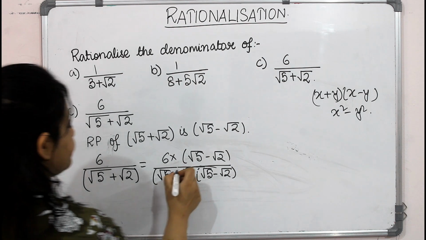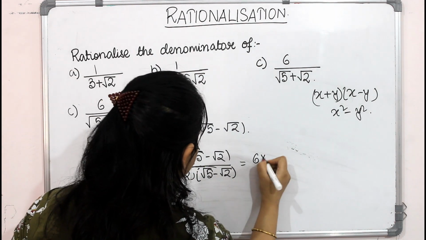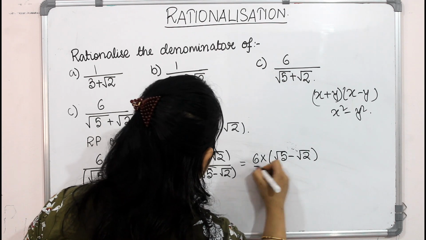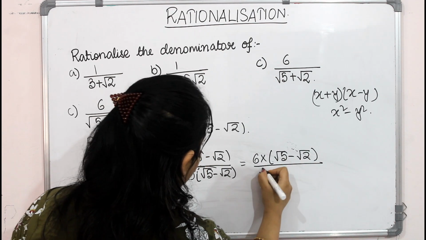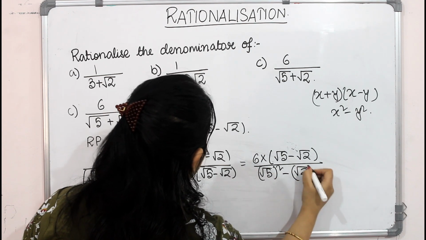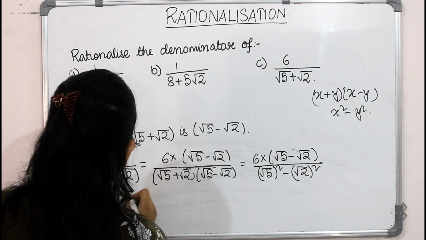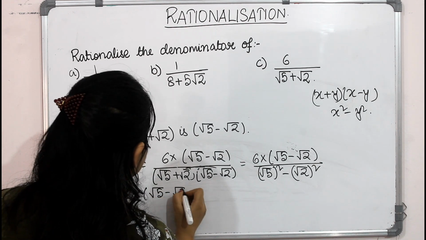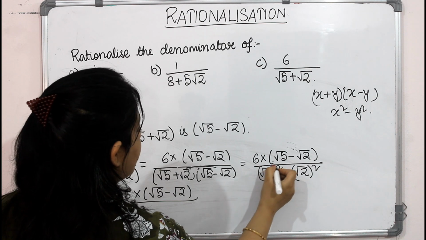Okay, so this is 6 into root over 5 minus root over 2 divided by root over 5 whole square minus root over 2 whole square. So this is 6 into root over 5 minus root over 2, root over 5 square.